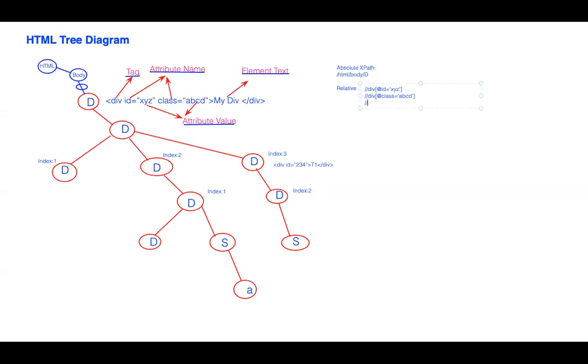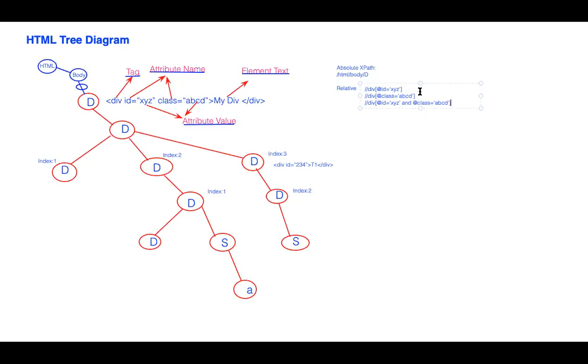Or I could also do div @id is equal to XYZ. And let's say I want a combination of both of these. So I can say and @class, because remember you use @ only when you want to point to or refer to an attribute name. So @class is equal to ABCD, right? So all these three relative XPaths can work here.